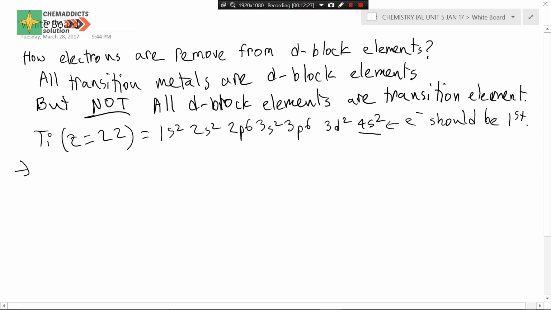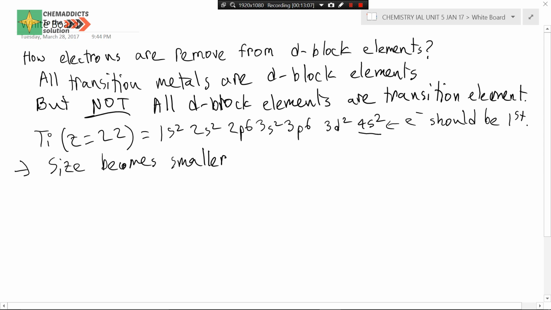This is the key point: the size becomes smaller. If we remove all 4s electrons, one shell is removed, so the size automatically becomes smaller.